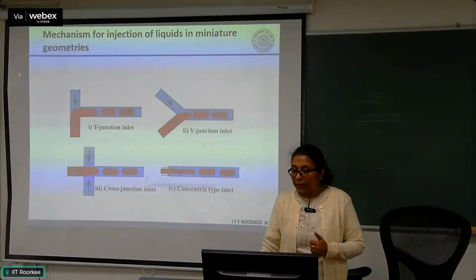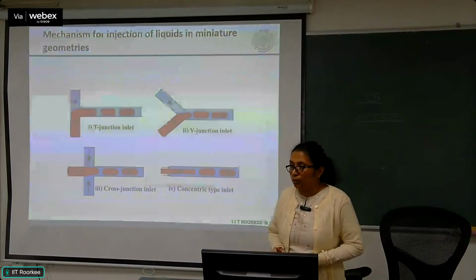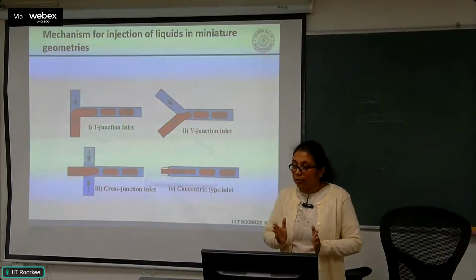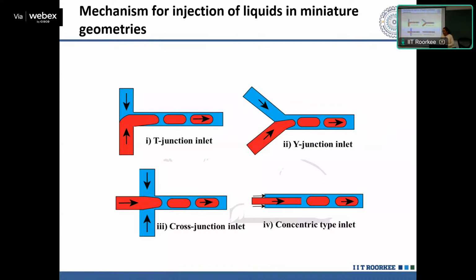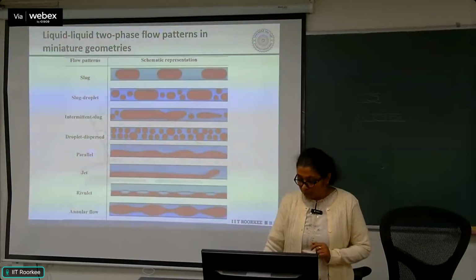This one is not like that; you may change the inlet and you may not get the parallel flow. That is why I deliberately do not use the term stratification. And this is about jetting that I'm talking about: a long jet forms and then it gets snapped. So these are some typical representations of liquid-liquid flows.